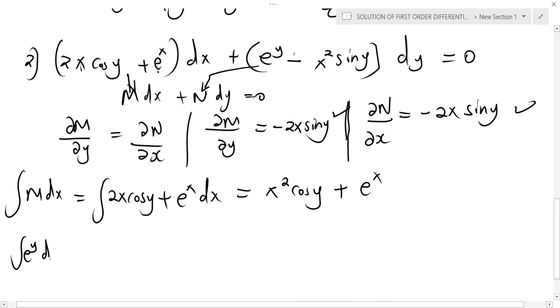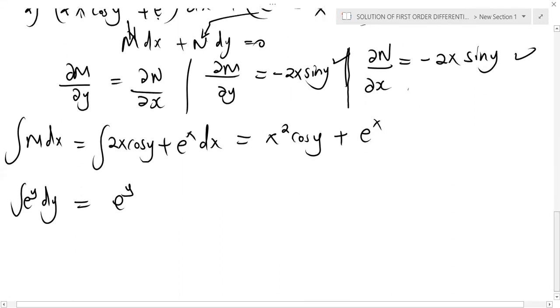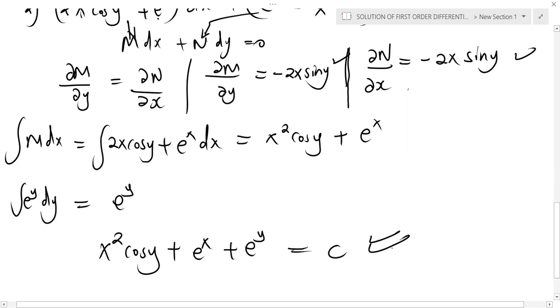We integrate with respect to y, and that gives us e^y. So our result is given by result 1 plus result 2 is equal to c. That will be x^2 cos y + e^x + e^y is equal to c. And that's our answer. So basically, that's how we go about solving exact differential equations.